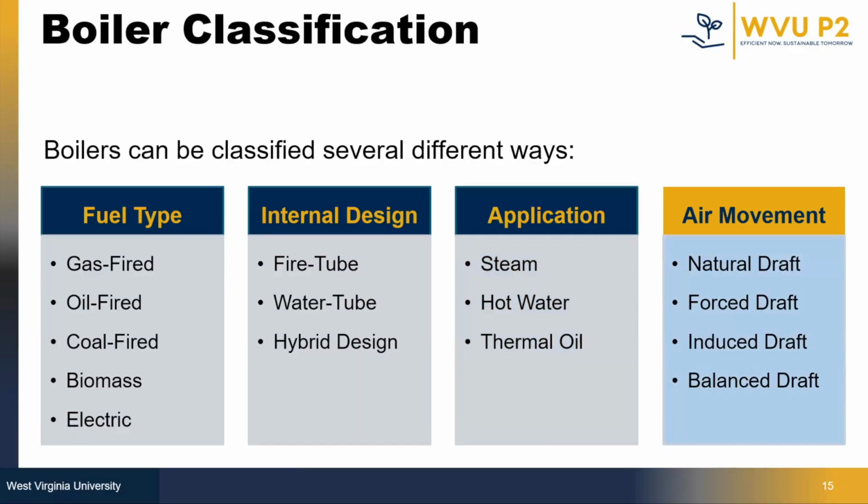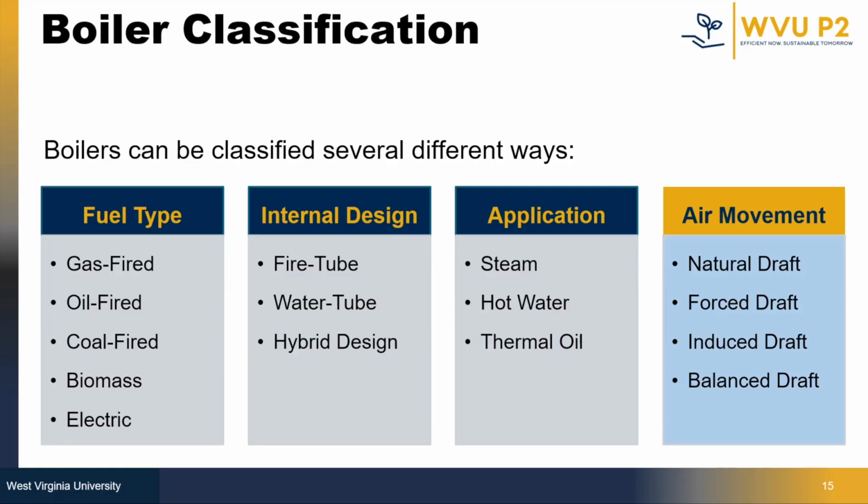Boilers can also be classified by how air is supplied for combustion. Natural draft boilers use chimney height and temperature differences to move air. Since airflow isn't controlled, the air-fuel ratio is inefficient. Forced draft boilers use a fan at their inlet to push air into the combustion chamber. The fan speed controls airflow, which allows a precise air-fuel ratio and better efficiency.